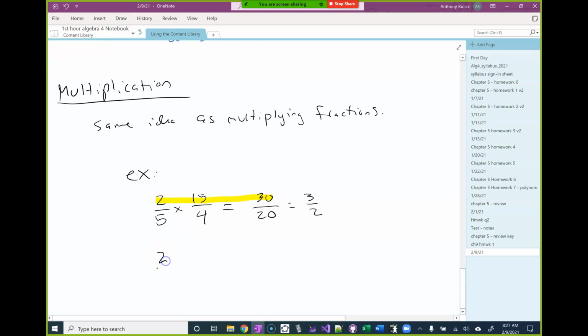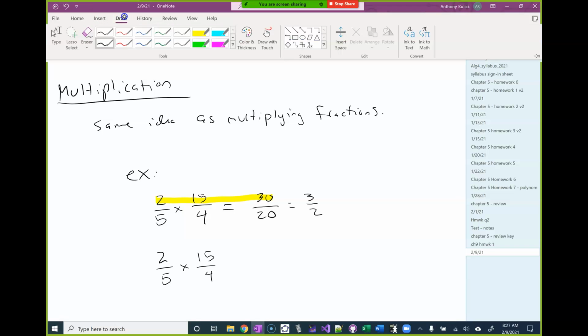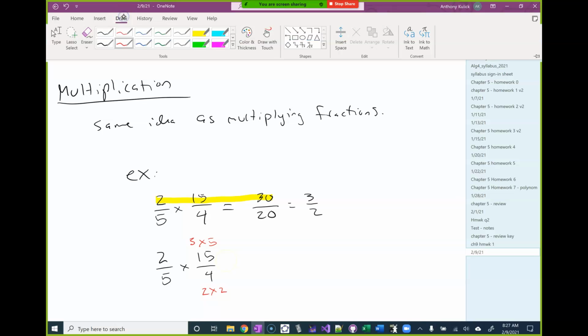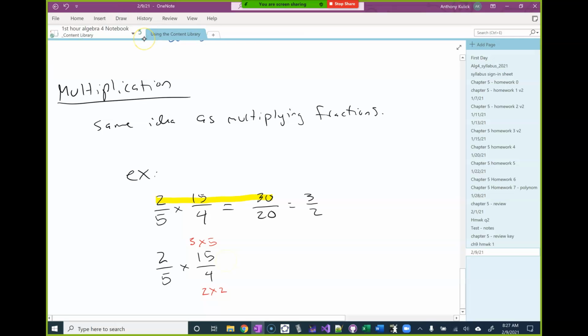So if we have this same problem, what we're going to want to do is factor everything that we can. So 15 is 3 times 5, and 4 is 2 times 2.